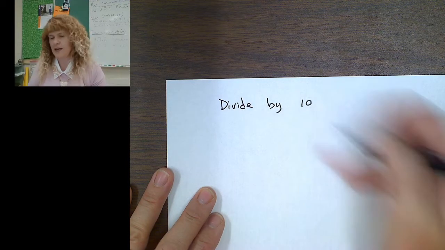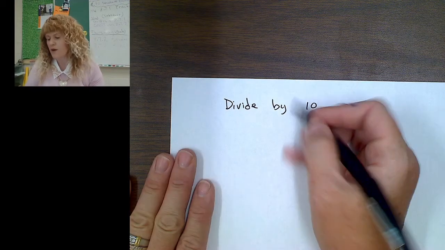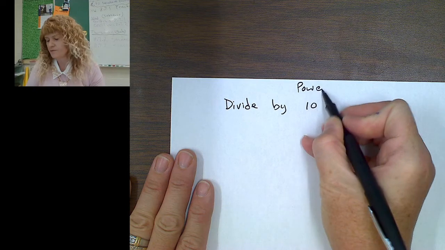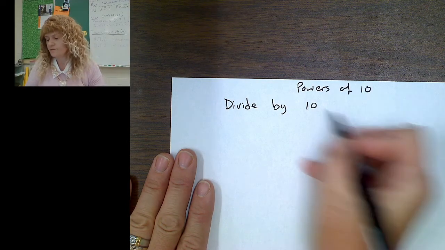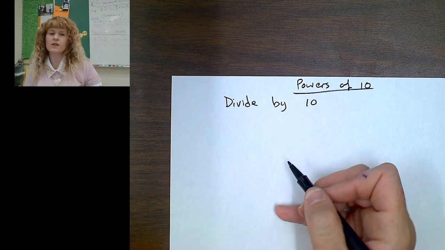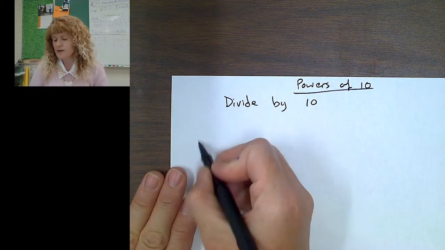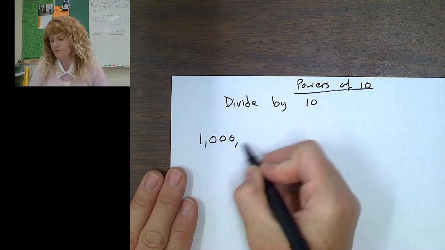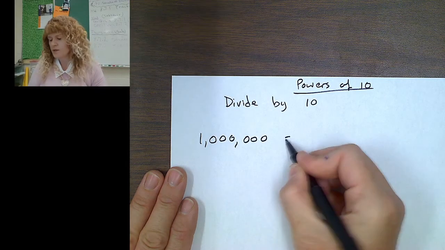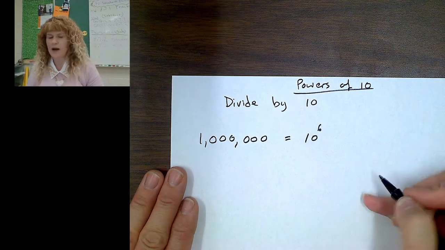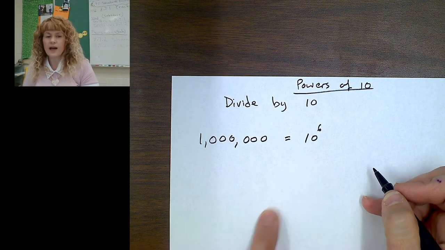Divide by 10. Okay, we're still talking about only powers of 10. But I'm going to start with a large number, and then I'm going to keep dividing by 10. So I'll start with 1 million, which is equal to 10 to the 6th power. And I'm going to divide by 10.